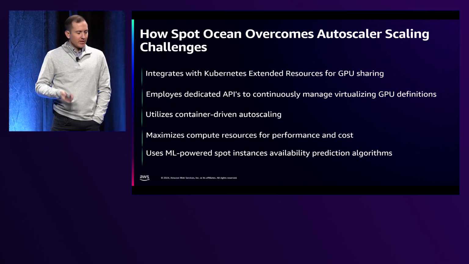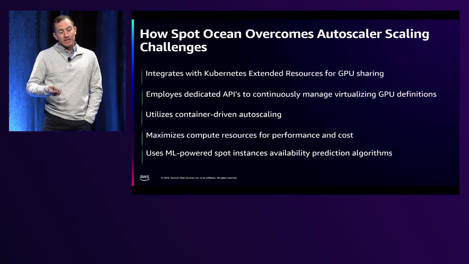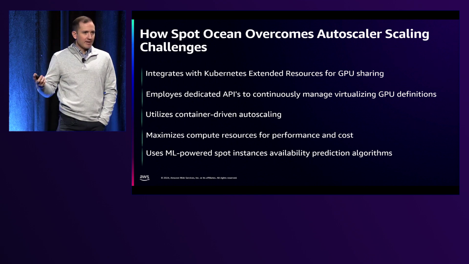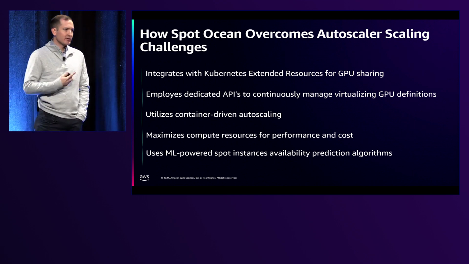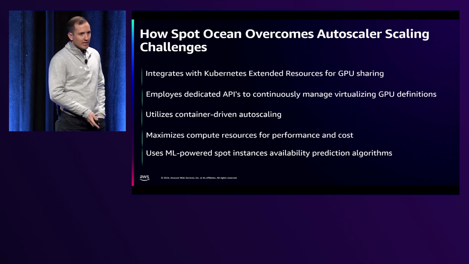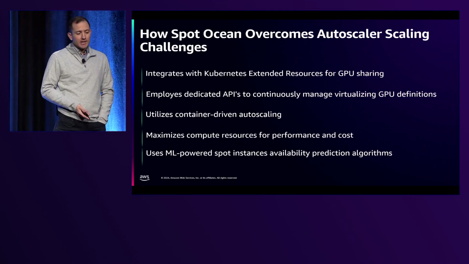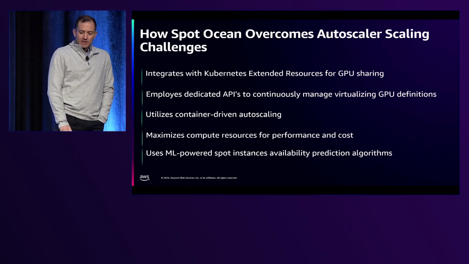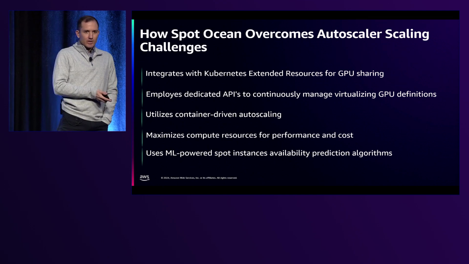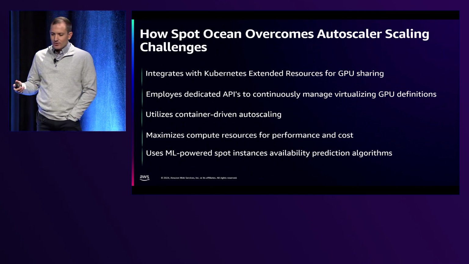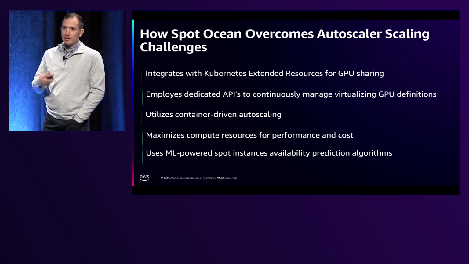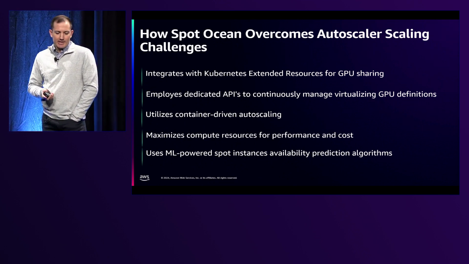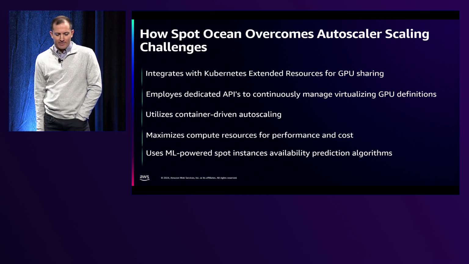You install your NVIDIA GPU operator, and after that, it's a fully automated solution where we understand those replicas, we understand those fractions, and we can start auto-scaling and bin packing appropriately. So it's a really neat way to go through that full life cycle of GPU management and time sharing from a single pane of glass.